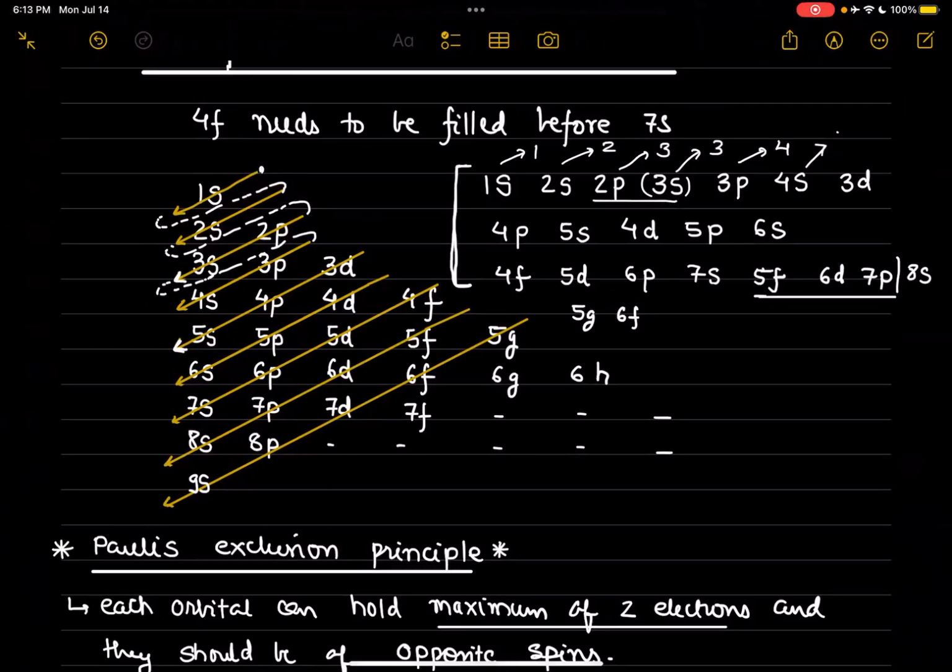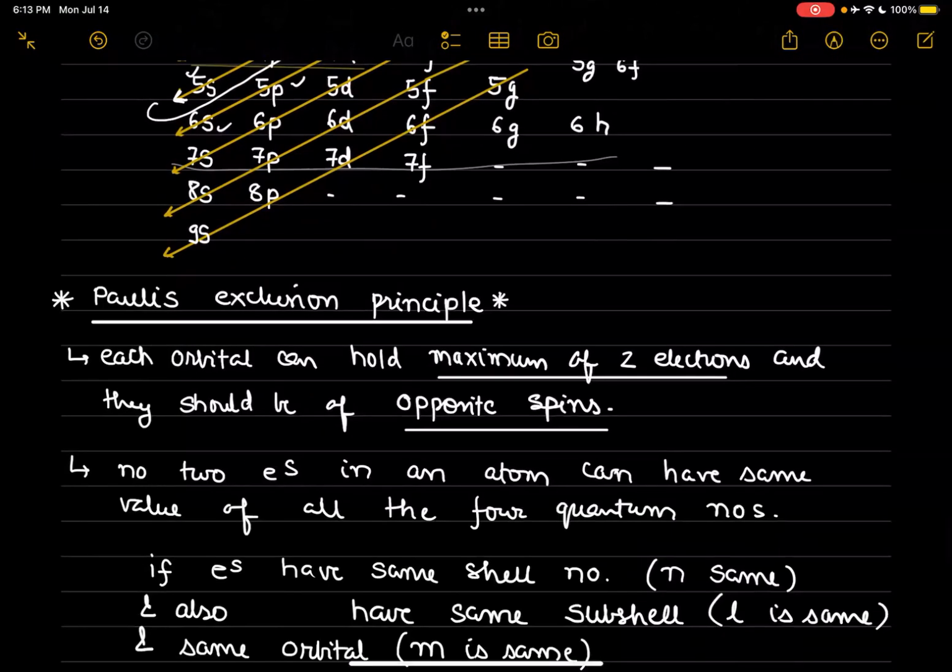So they can tell you the order of N plus L. Instead of finding it numerically, you can just follow these arrows. So 3d is filled, then 4p, then 5s, then you go back, then 4d, 5p, 6s, like that. Is it clear?